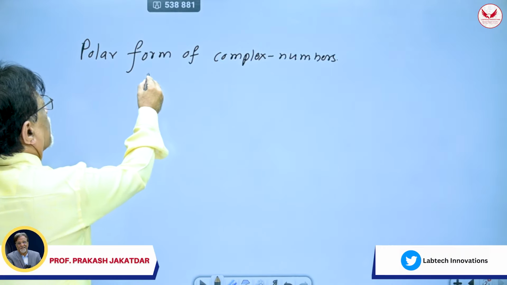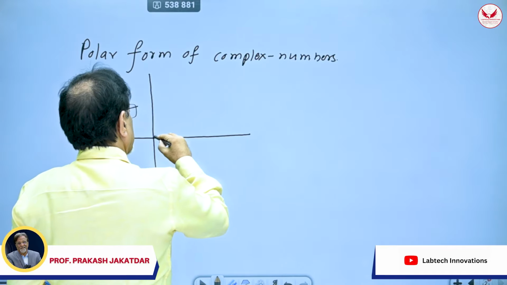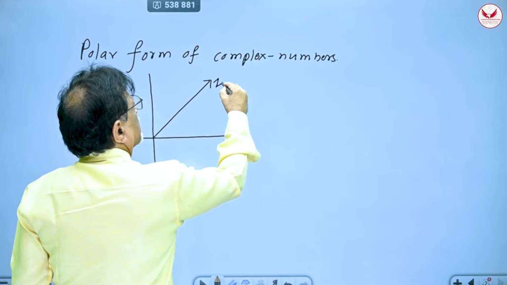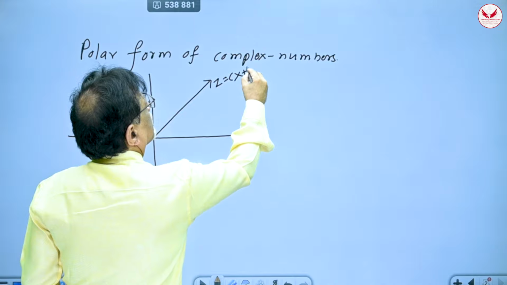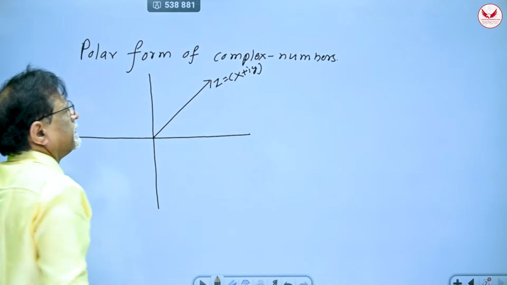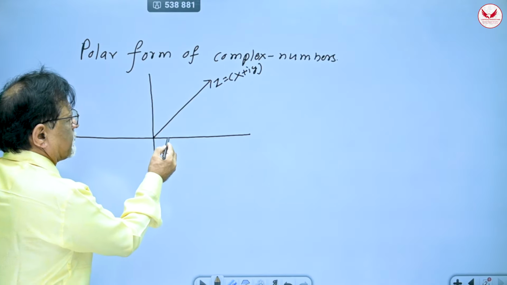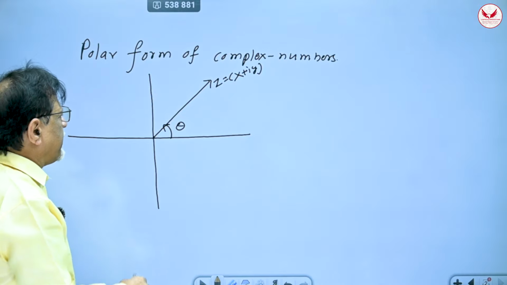That means whenever you draw a complex number in the form of a vector like this, this complex number is z, which is nothing but x plus iy, right? This is the complex number, right? So it has a magnitude and direction. Direction is given by this angle, this angle gives me the direction.